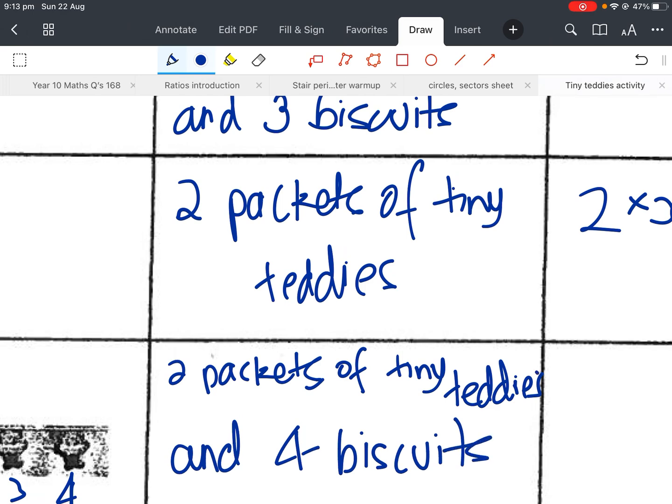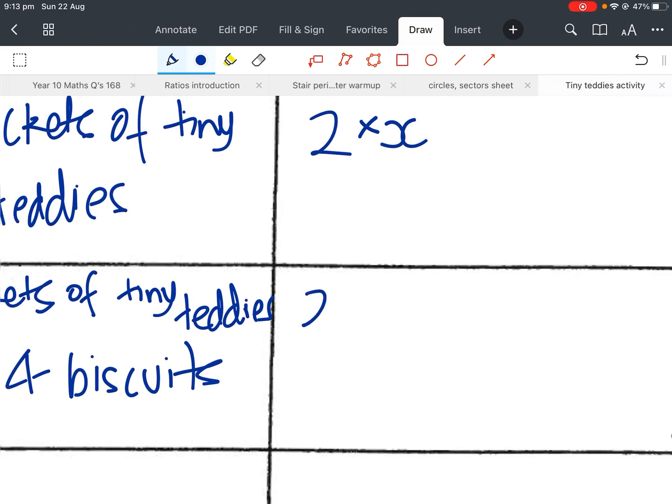You write the same thing for me. So remember, that means we're going to write 2 times 1 packet of tiny teddies equals X. And this time I've got 4 biscuits, so I'm going to do 1 biscuit plus 1 biscuit plus 1 biscuit plus 1 biscuit.